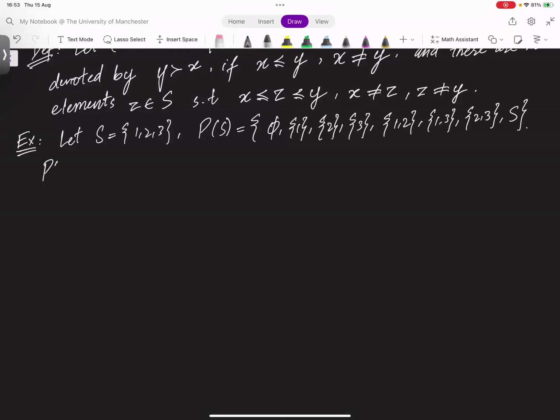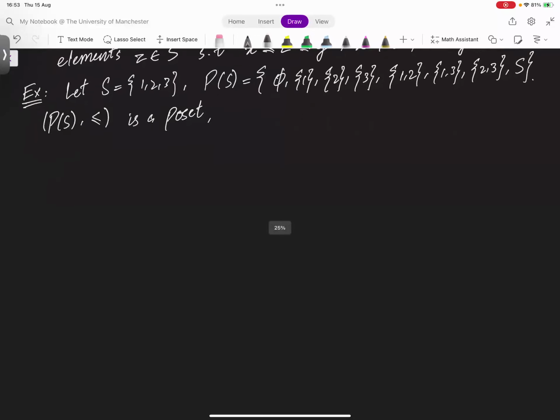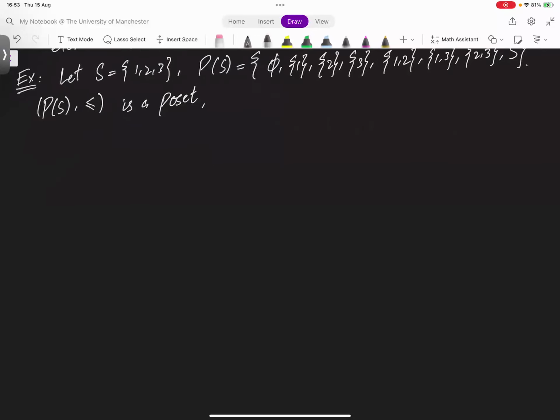Then this power set along with the inclusion relation is a poset. The diagram for this inclusion relation will be denoted like this.